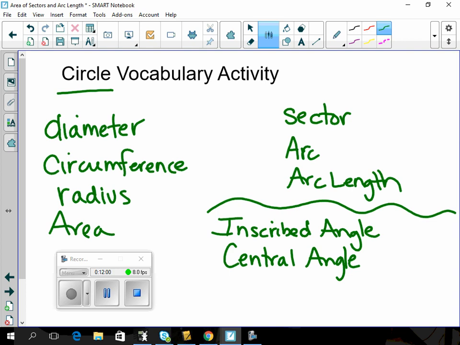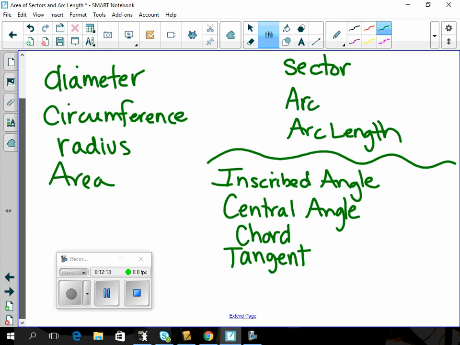A chord. Chord, diameter, radius, tangent. Now, this tangent is not TOA in a right triangle. It's the same word that has two totally different meanings.